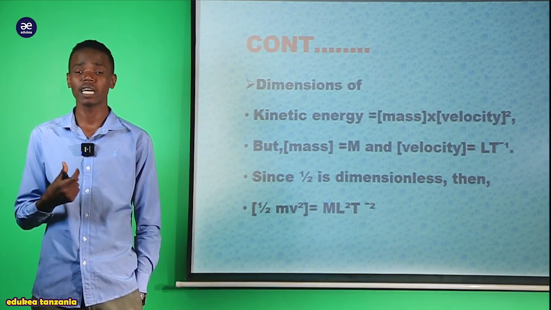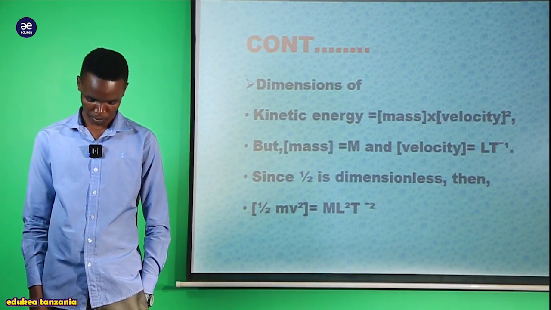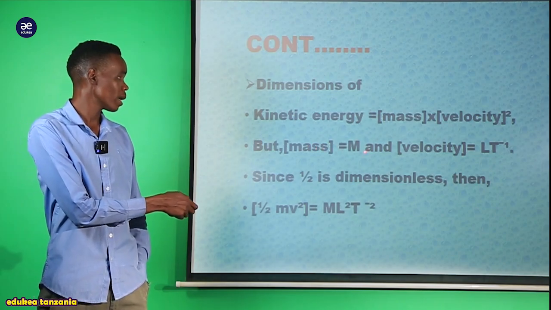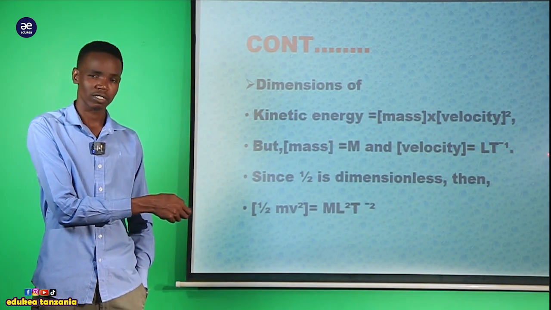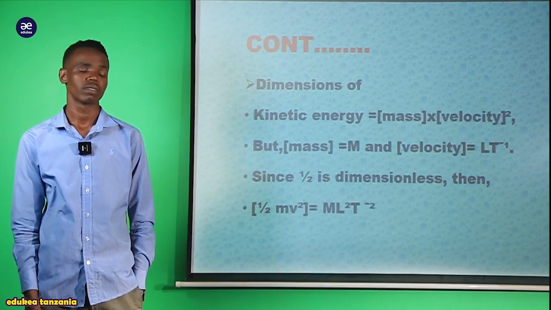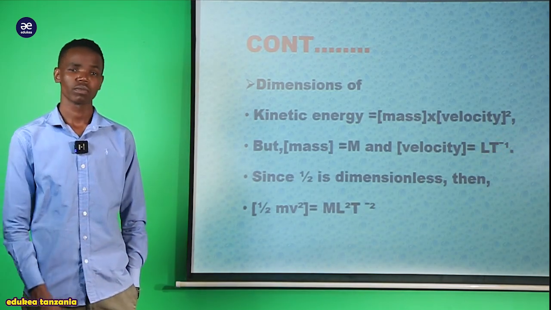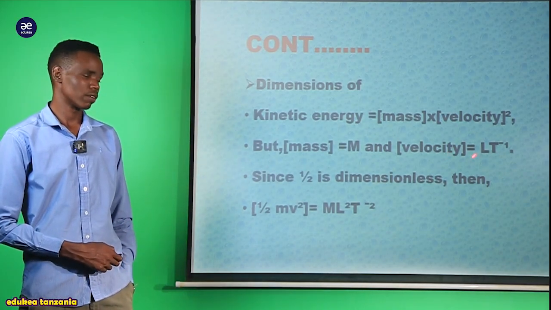It means in dimension, haina dimension. Kwa tutai assume ni kama 1. So we can go and see dimension of mass is M. Also dimension of velocity is LT negative 1. This is the dimension of the velocity.